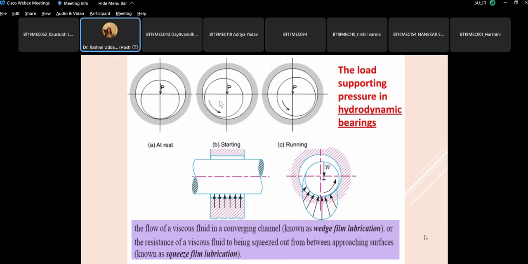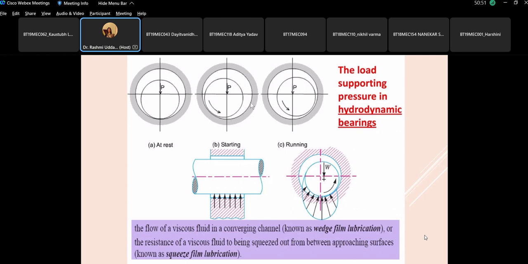The moment it starts rotating, we are assuming it is rotating in anti-clockwise direction. This journal has a tendency to lift away from the direction of rotation. So if it is rotating in anti-clockwise direction, the journal gets lifted towards the left.